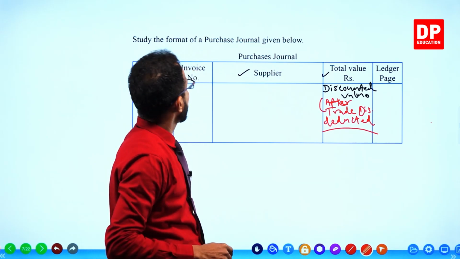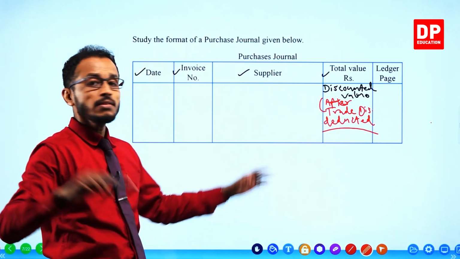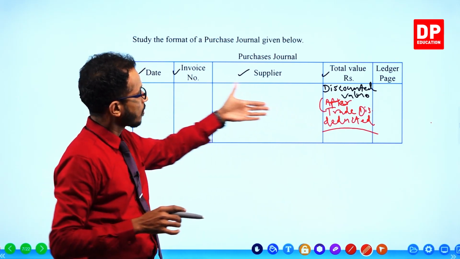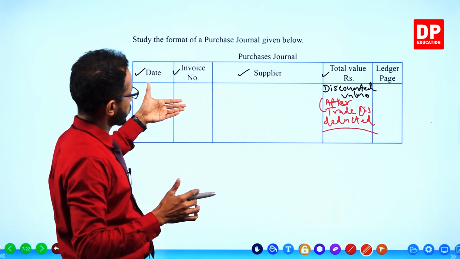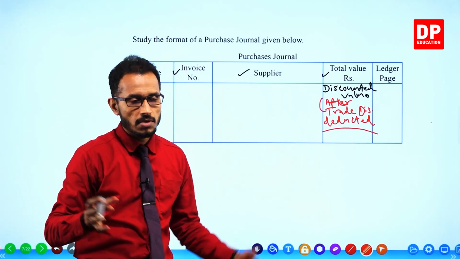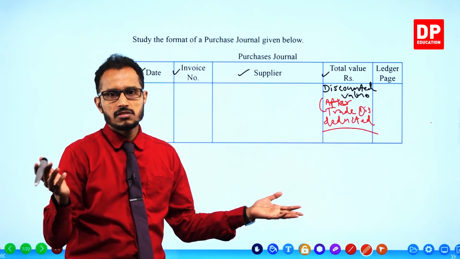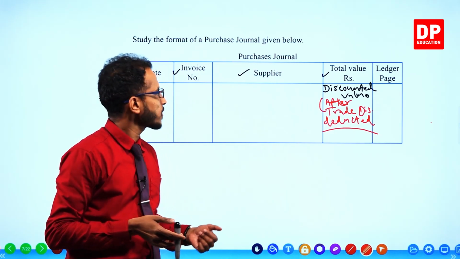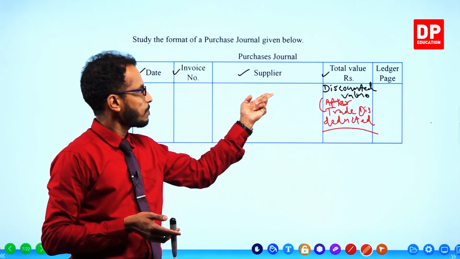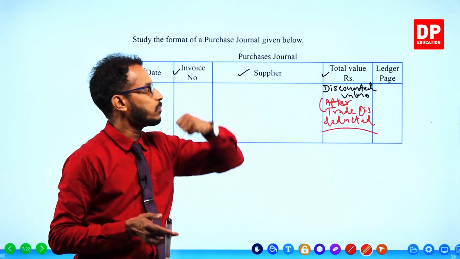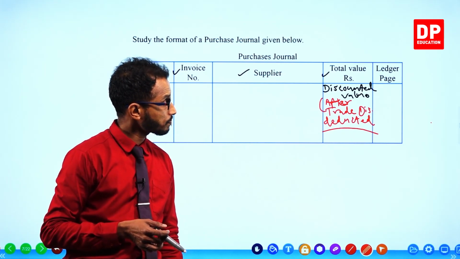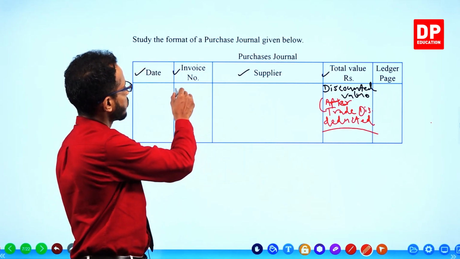Okay. Done. This is the format of the purchases journal, and it's not something that you should memorize by heart. It's something very simple. Date of the transaction, name of the supplier, and the value of the invoice, and mention the invoice number too.